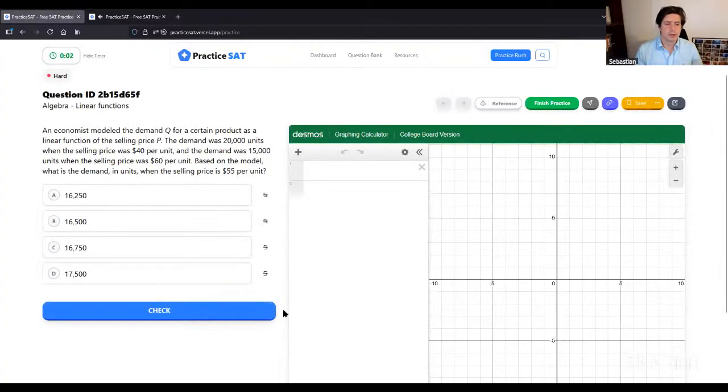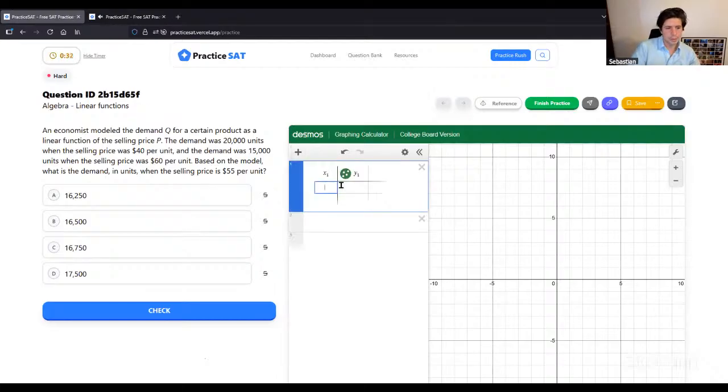An economist modeled the demand Q for a certain product as a linear function of the selling price P. The demand was 20,000 units when the selling price was $40 per unit. The demand was 15,000 units when the selling price was $60 per unit. Based on the model, what is the demand in units when the selling price is $55 per unit? So what you could do is plug in.